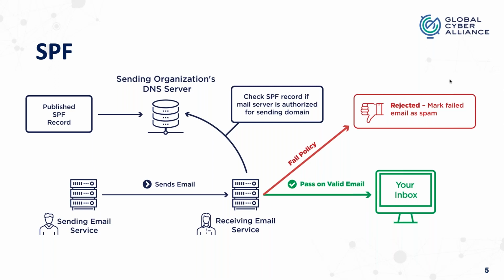Do they put it in quarantine at the admin level so the admins can review it before it gets released? Do they send it to the recipient's spam folder? Or do they completely drop it and ignore the message? These are decisions the receiving side has to make, because the SPF record from the sending organization, when I show you the record, doesn't define what to do with the message. It only says to consider it a failed message.